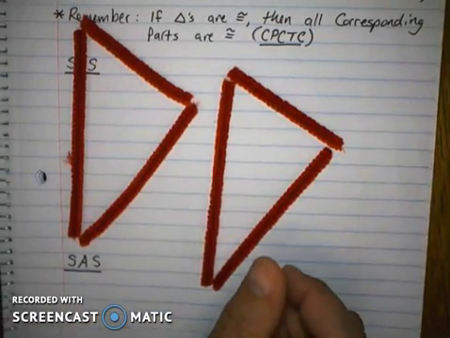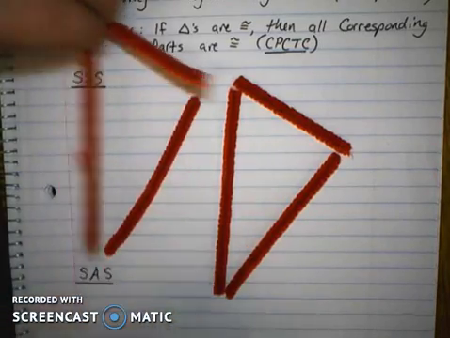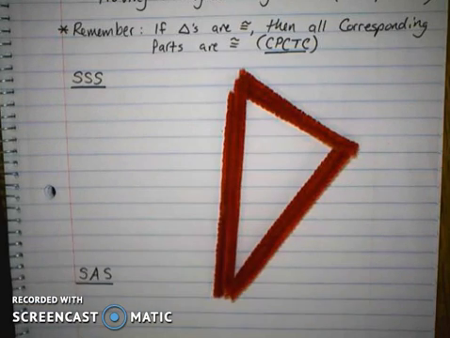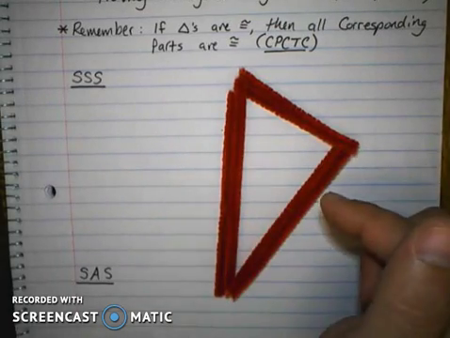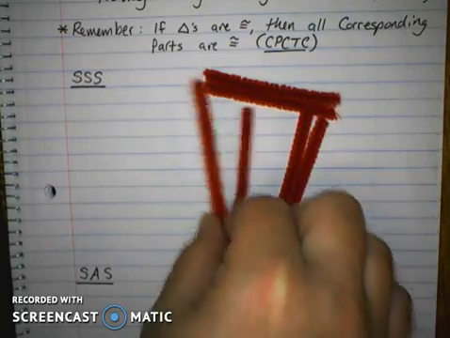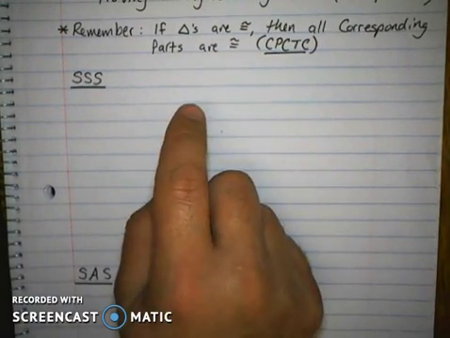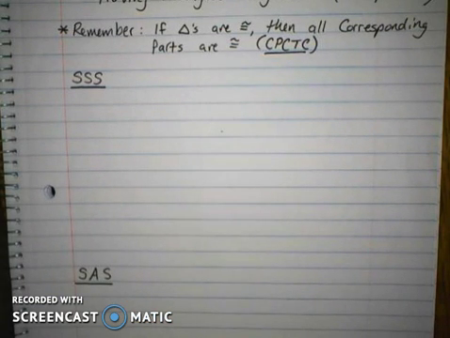Okay, so even without knowing the angle measures, we know that these 2 triangles are exactly the same. And I haven't mentioned any of the angle measures. We don't get any different angle measures just because I turn it around. Okay, it's kind of falling apart on me, but you get the idea that if I can show there are 3 pairs of congruent corresponding sides, then the triangles are congruent also.